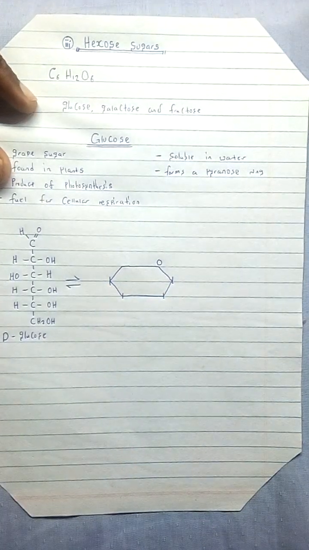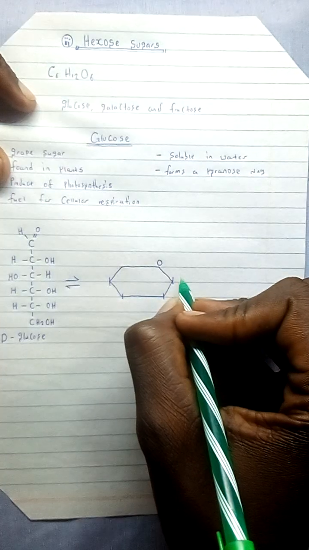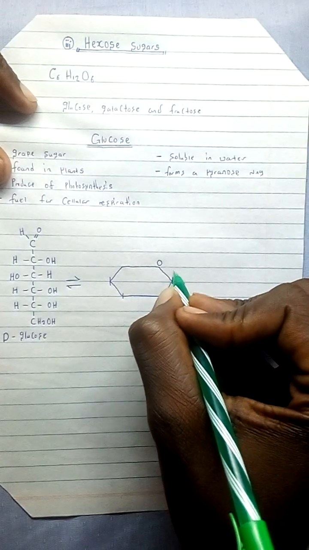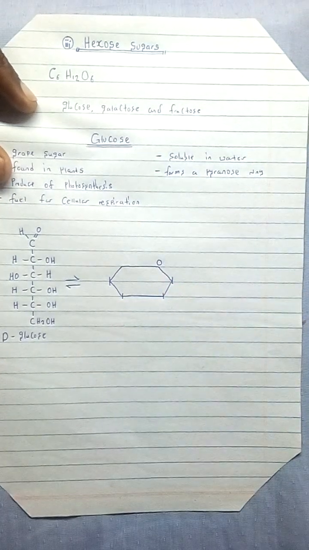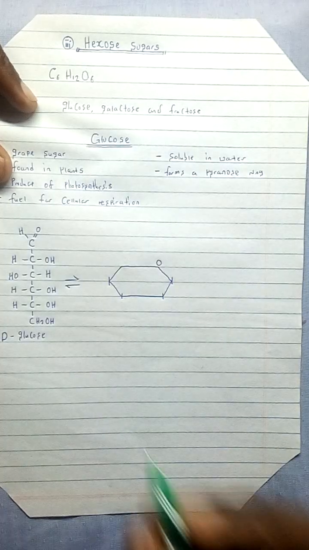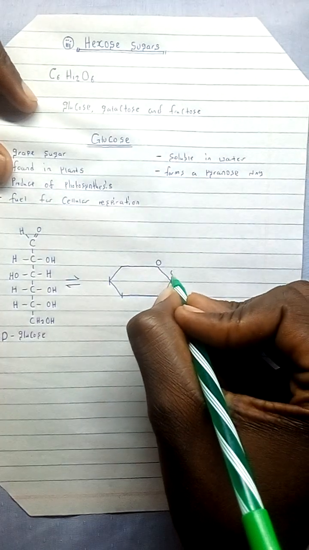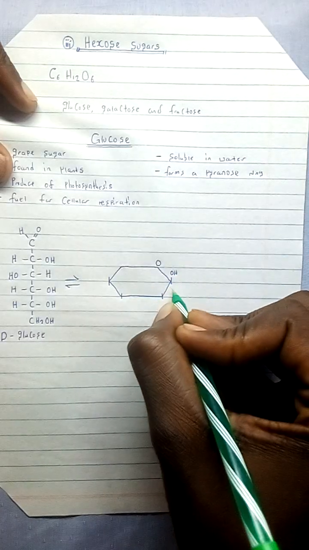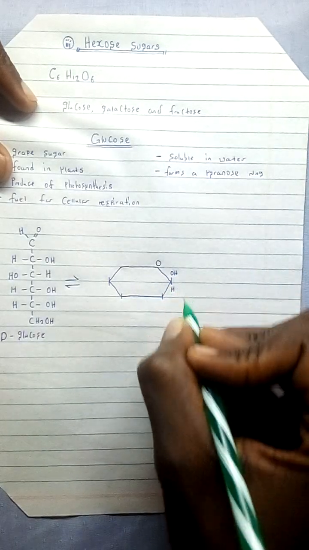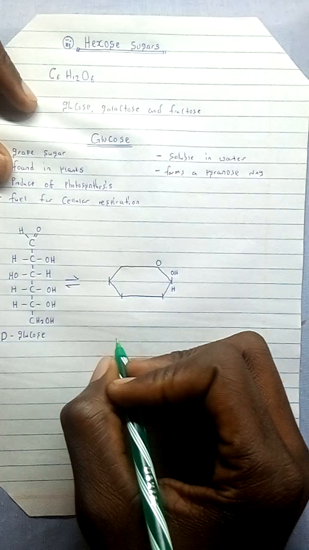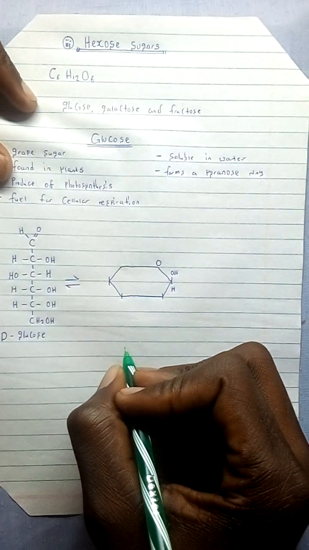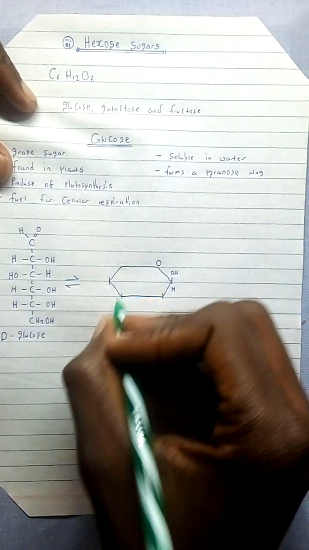So now, if we put the OH on top here, and the H is down on carbon number 1, it means that this is the beta form. What will be the name of this?